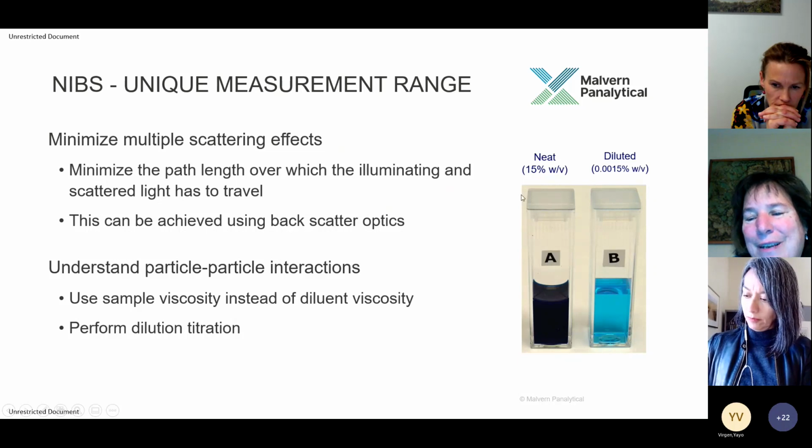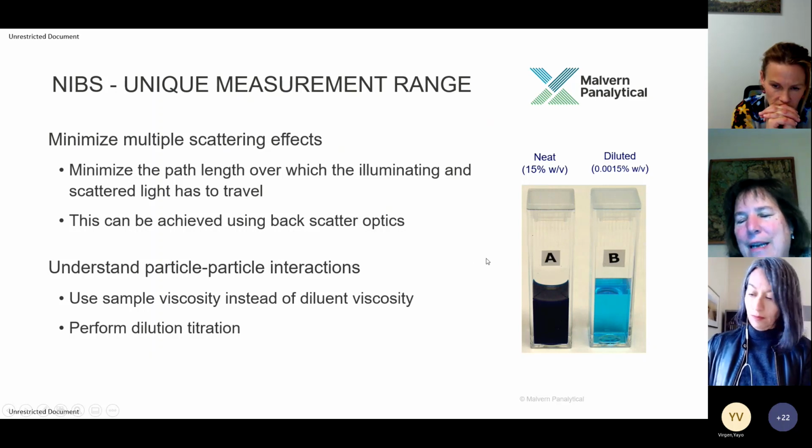One of the things from the very start, this is actually blue ink. It is neat. It is 15 weight percent. This is Mont Blanc blue ink. You could never make a measurement of this ink prior to the Zetasizer Nano. So color is not a problem in the Nano. Concentration is not a problem.